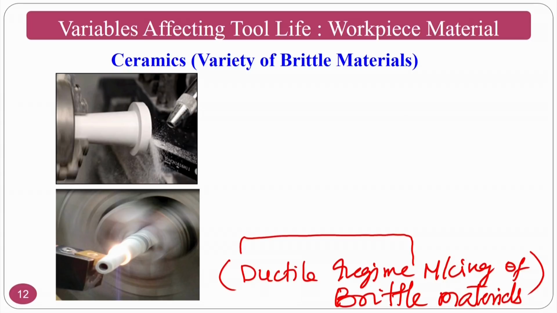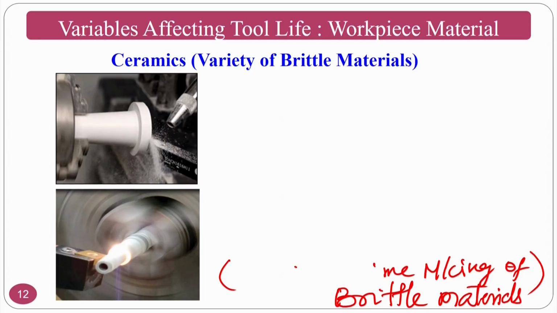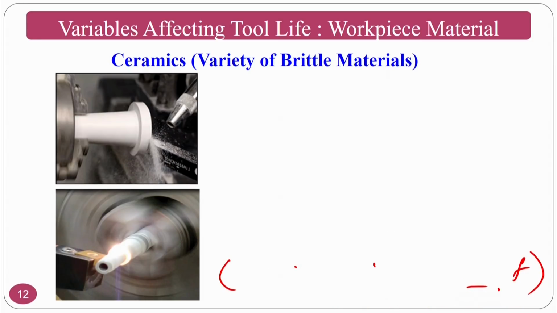I am converting it into the ductile mode, then I am machining it. I will show you a picture where you can clearly understand what I want to specify from the point of ductile regime machining of brittle materials.